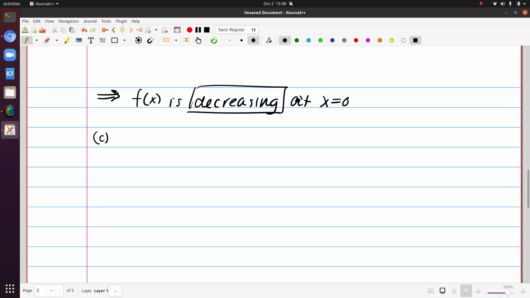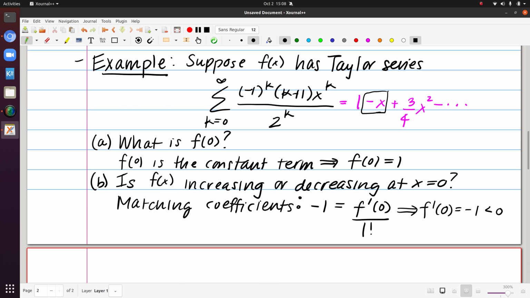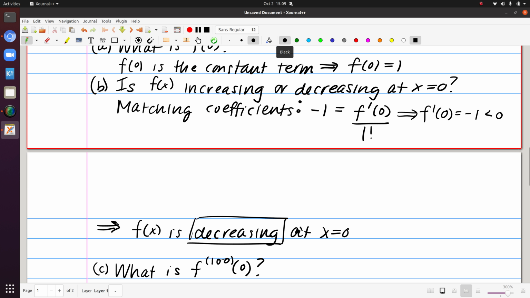And then finally, what is the 100th derivative of f at 0? Notice that I do not want to keep writing out all these terms until I get to the x to the 100th term. Instead, what I want to observe is kind of breaking this up into two pieces. When I have x to the 100th, my interest is in what the coefficient would evaluate to. And so I noticed that I'm interested in k equals 100.